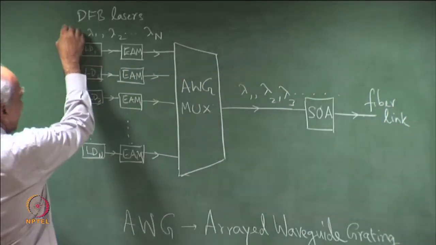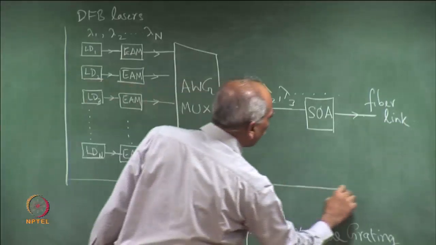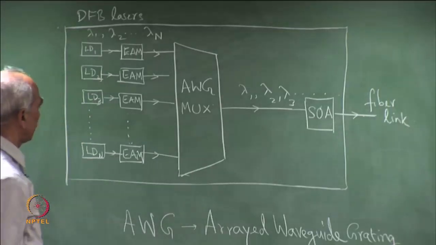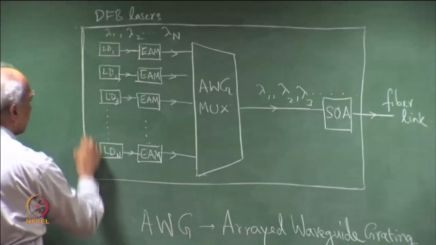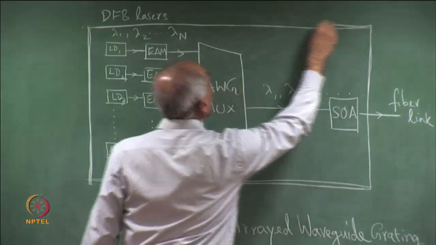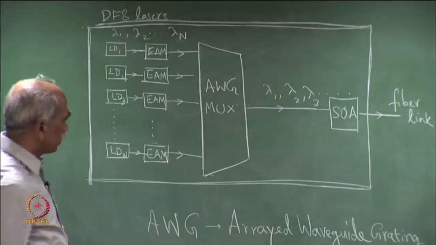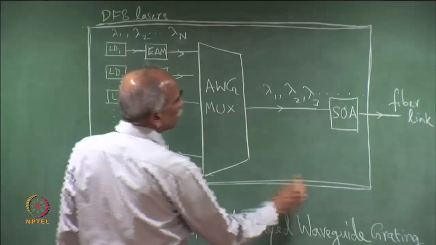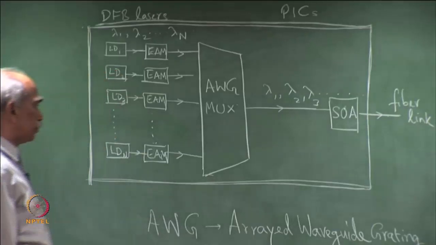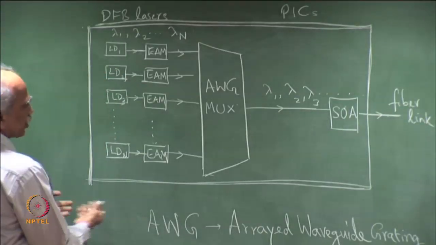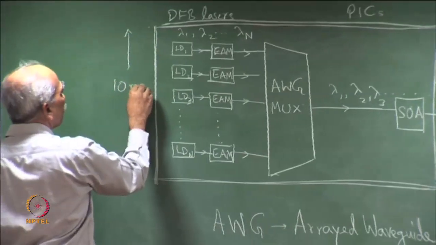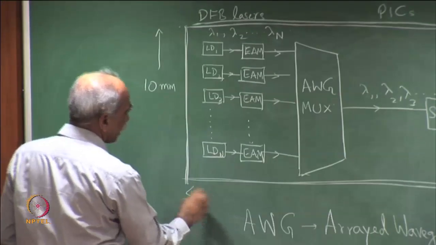So, this whole thing could be integrated, for example, on a single semiconductor chip, the whole thing. So, there are reports of realizing such PICs. So, this is a PIC. Typical dimension could be 10 mm by 10 mm. So, I am giving some typical idea what the dimension is that we are talking about.